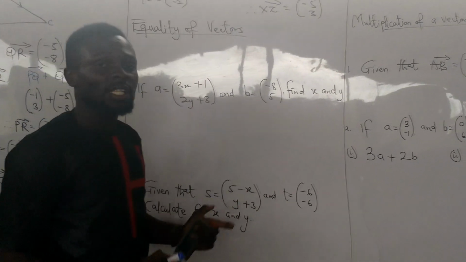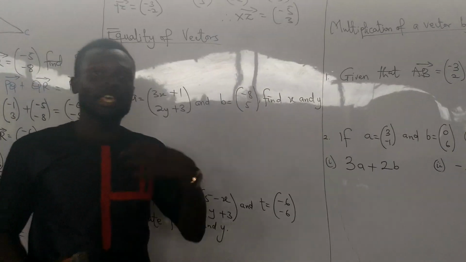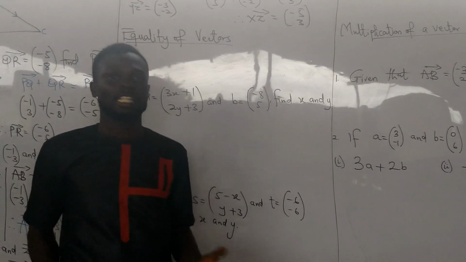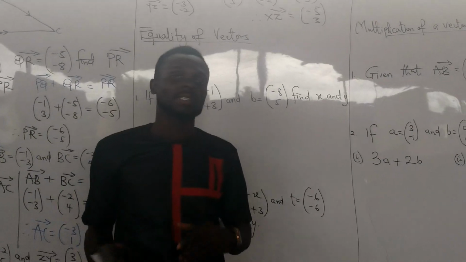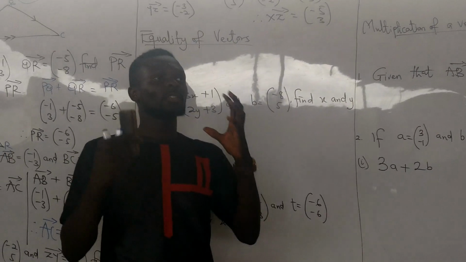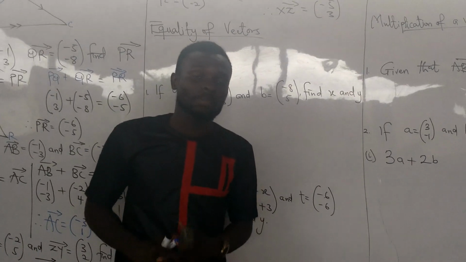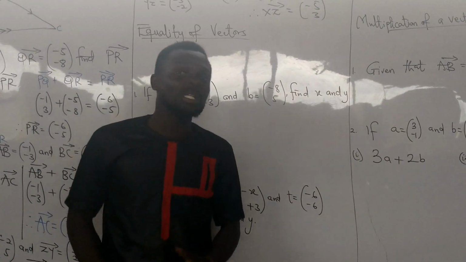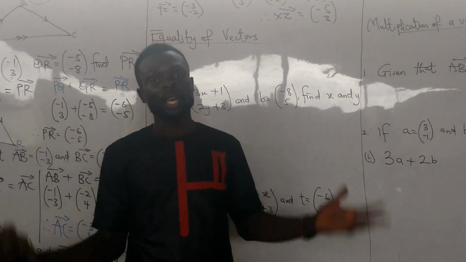With the equality of vectors, as the name goes, equal vectors mean the two are equal. When two vectors are equal, the magnitude and the directions are also equal.